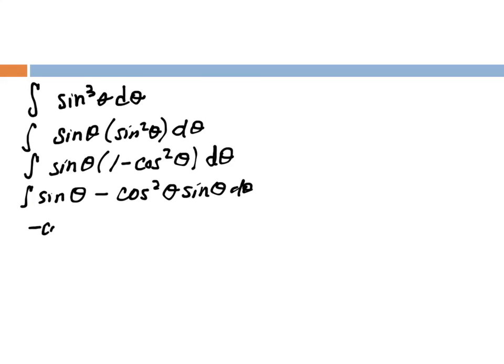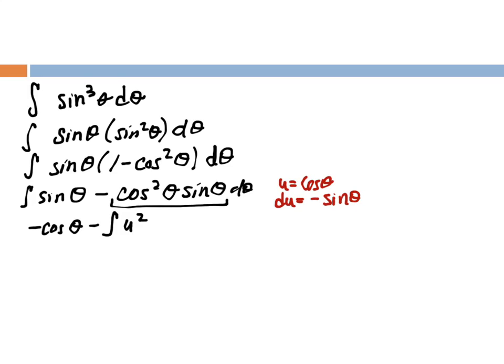Right, negative cosine of theta. The second piece, as y'all mentioned, is a U substitution where U equals what? Cosine of theta. So I've got negative there, there's my integral. Cosine squared would then be U squared. And then the du over here is what? Negative sine. So that's actually going to change the sign here as well to positive, right?